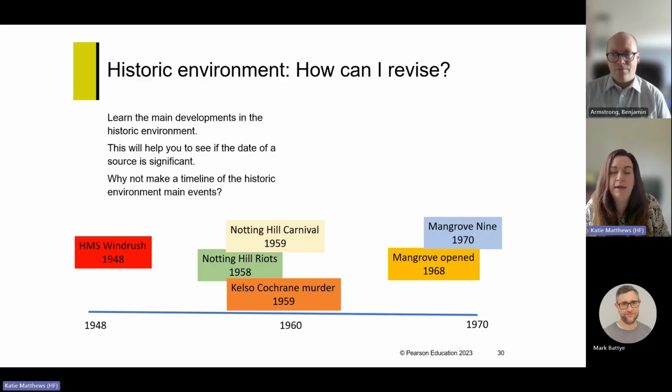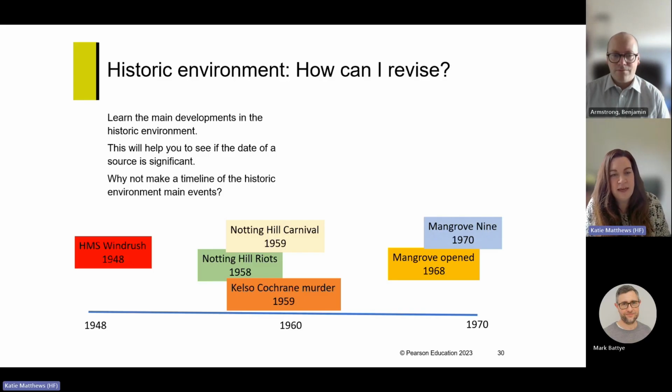So then when you're picking up on the sources and using those in the historic environment section of the paper, you can think, I know this, I know what was happening in the 50s in Notting Hill, and I know what comes after the event, so I might be able to talk about that as a consequence as part of my own knowledge. So really useful to have a general understanding of the context of each kind of decade for this one as an example.